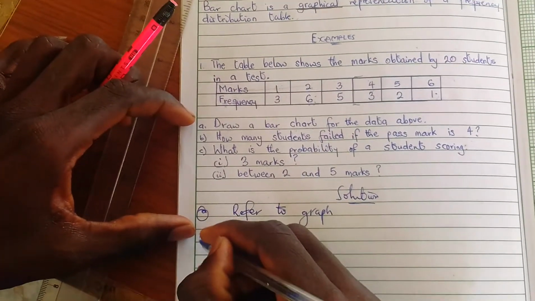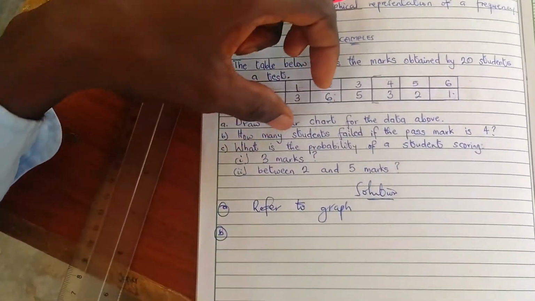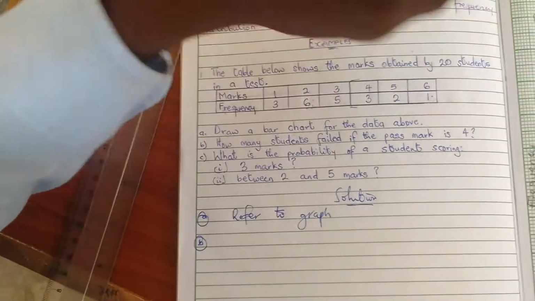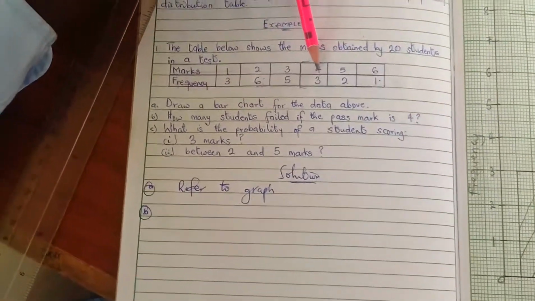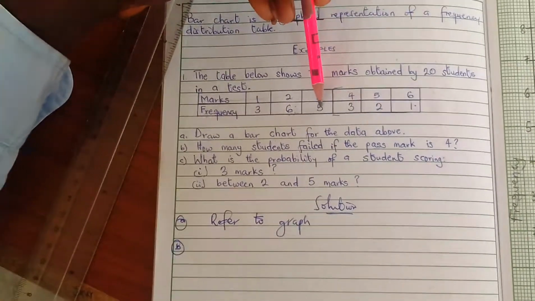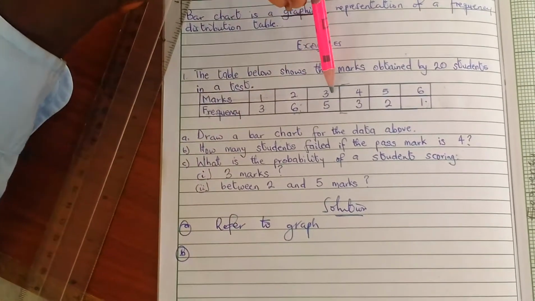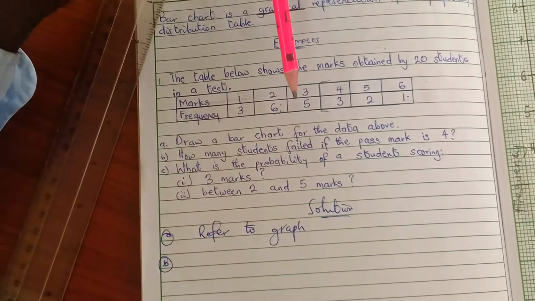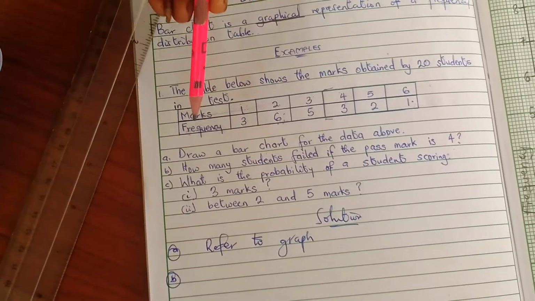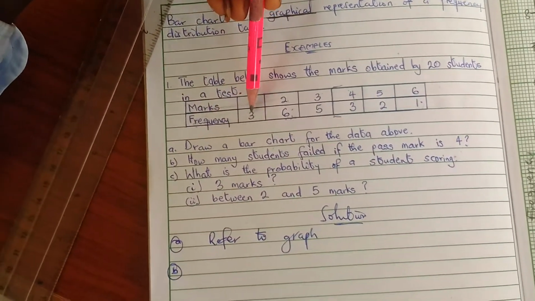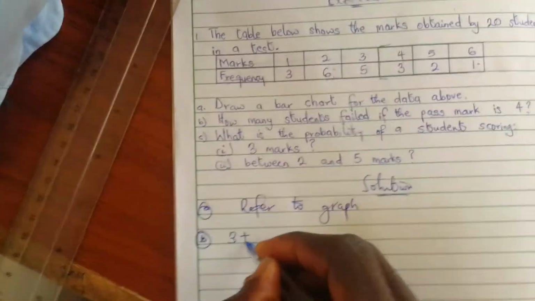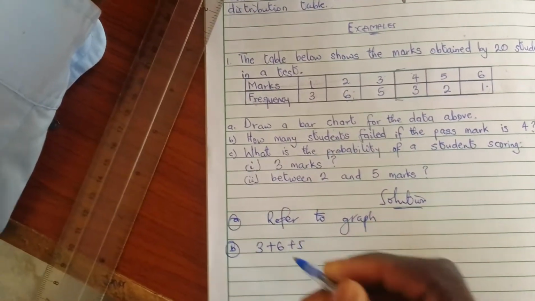Then we come to B. B says how many students failed if the pass mark is 4. So if the pass mark is 4, it means all the students here have failed. Those who had 3, 2, 1, they failed. So if you want to know the number of students who failed, then we are going to add the frequencies of 1, 2, and 3, which are 3 plus 6 plus 5.